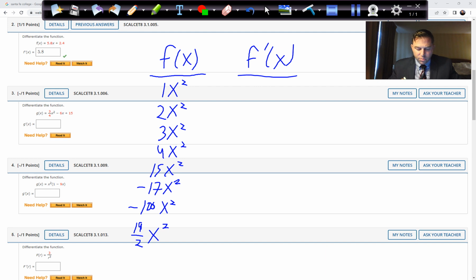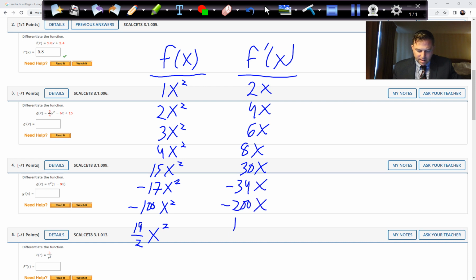Okay, the derivative will be 2x, 4x, 6x, 8x, 30x, negative 34x, negative 200x, and 19x. So what do we do? So we doubled the number in front, and we subtracted 1 from the power. So all these x squareds became x to the first power, and the number in front got doubled. So that's the rule for things being squared. And we're getting very close to building the general rule, which we'll have here in a little bit.